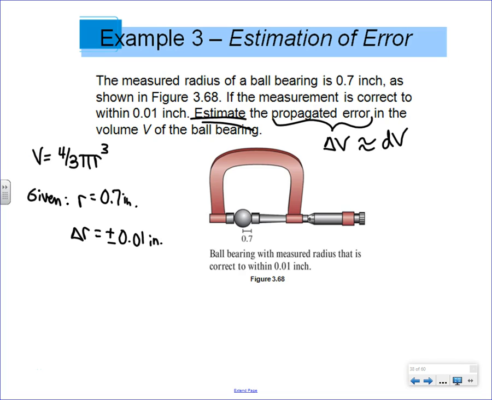But how do we find dV? We take the derivative of 4/3 pi r cubed, which is 4 pi r squared.